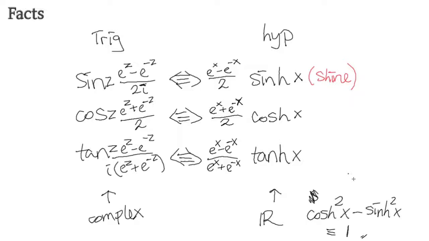Let's actually talk about the differentials right here. When differentiating sinh, cosh, and tanh, tanh requires you to use either the quotient rule, product rule, or whatever to carry out.